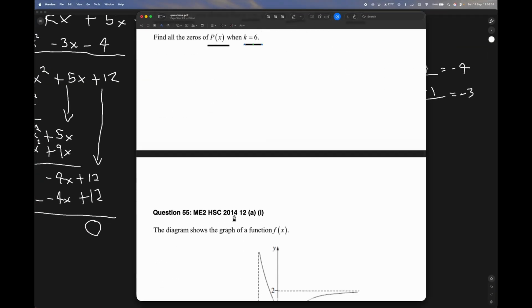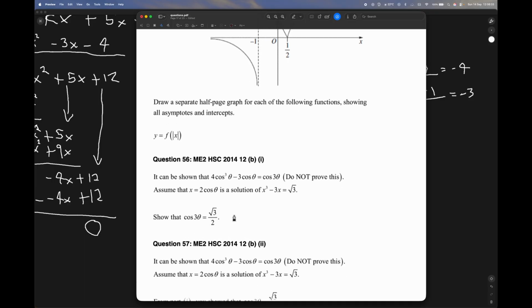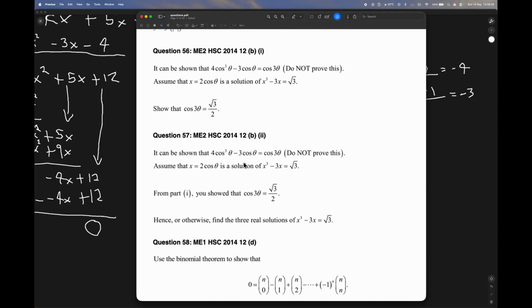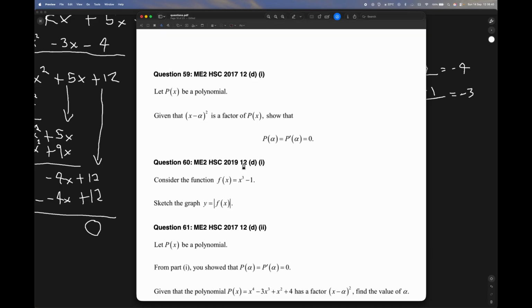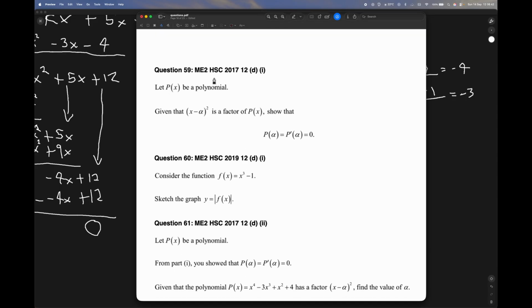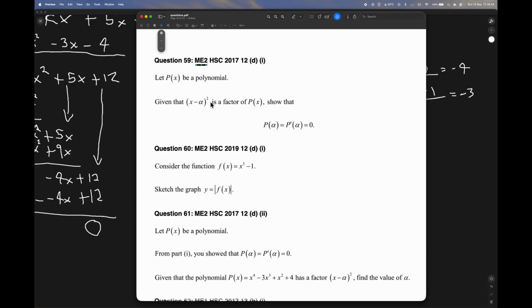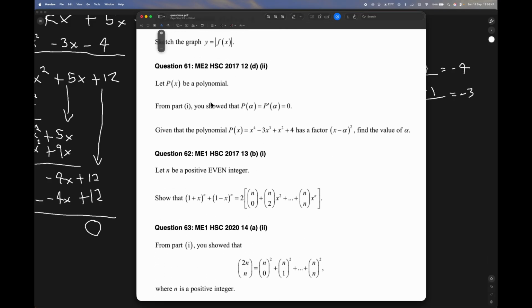Keep going. Let's see if we can find any other good ones. Math extension 2. Not doing that.